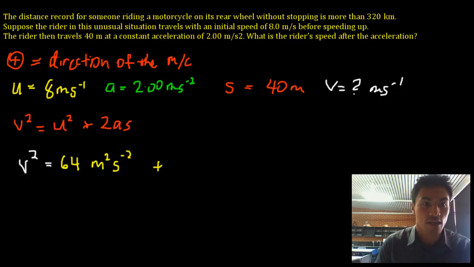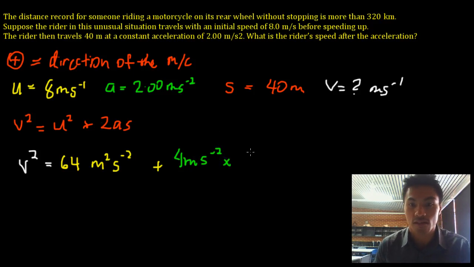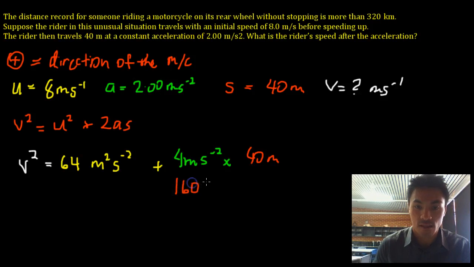If we were accelerating at 2 meters per second squared, we are now at 4, and we multiply that by our displacement, which is 40 meters. 40 times 4 is 160, and if we multiply meters by meters, it's meters squared times seconds to the negative 2.